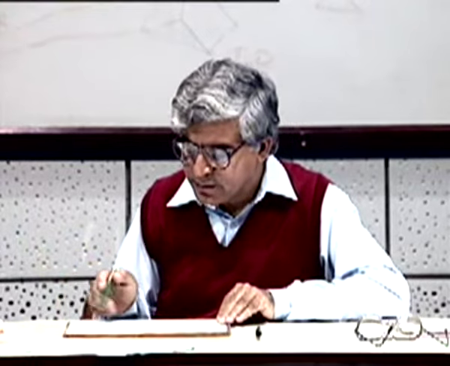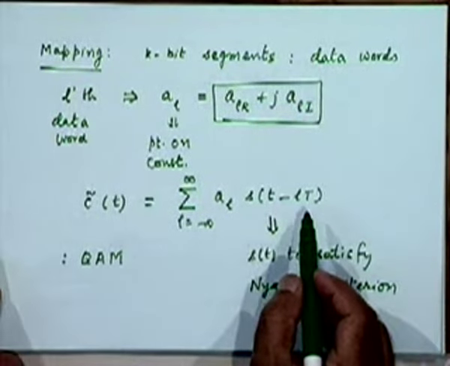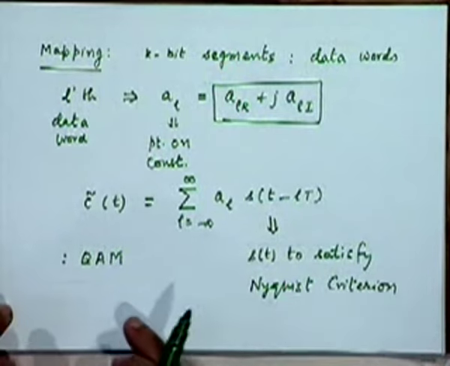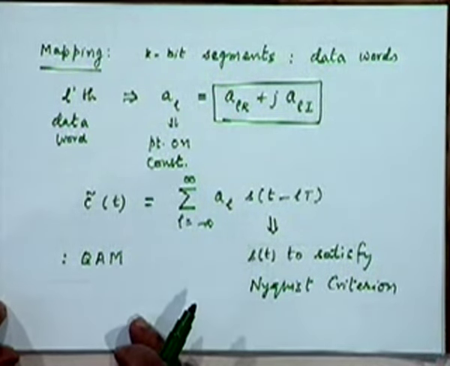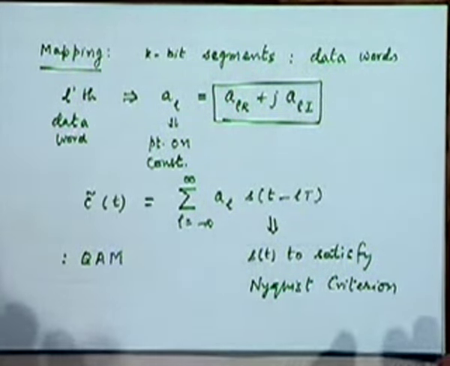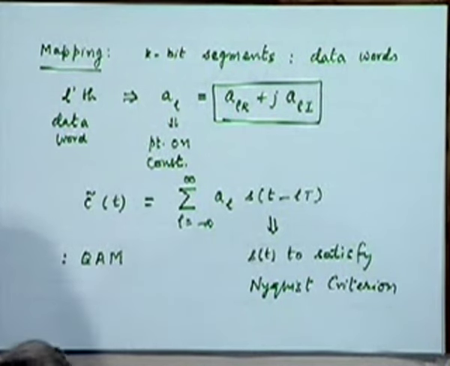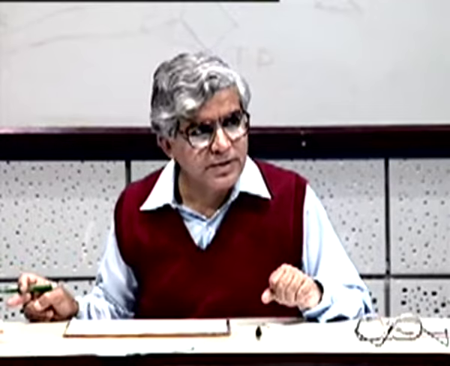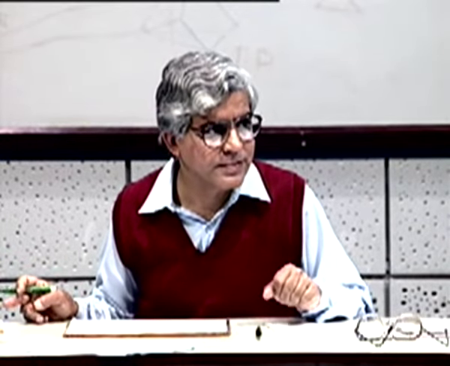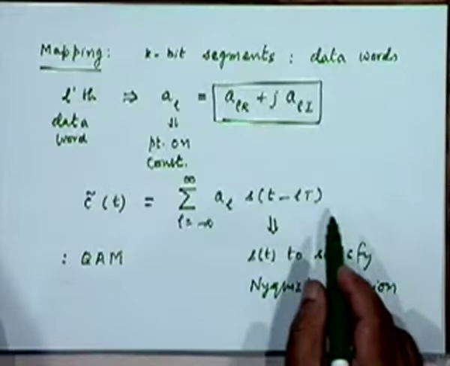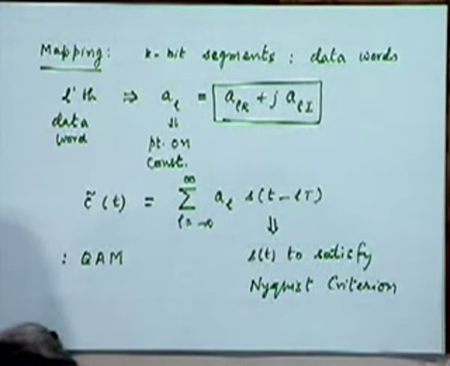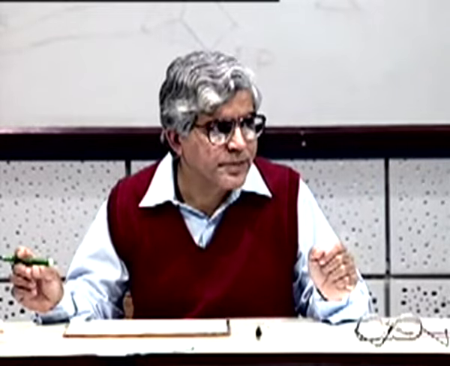Which of course implies that this pulse shape we are talking about is not necessarily the pulse shape at the transmitter alone. It's really going to be the overall pulse shape that results from starting from the transmission pulse shape, to the channel impulse response, to the receiver filter, matched filter or whatever. It's a combined pulse shape that we are talking about. That is what should satisfy the Nyquist criterion, and not just the transmitted pulse alone, right?